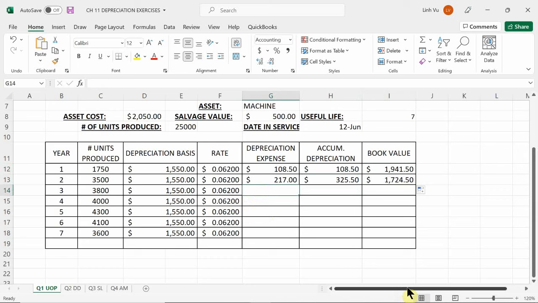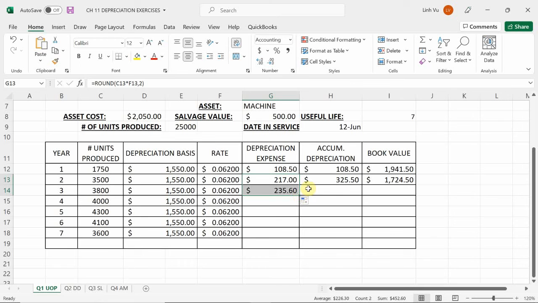So since we solved the first two columns here, let's go ahead and continue filling out the depreciation expense. So what's my depreciation expense for year 3 if I produce a total of 3,800 units? 235.60. Good.